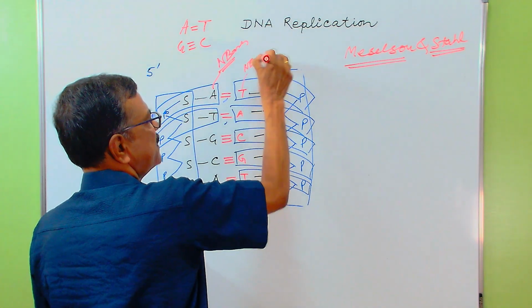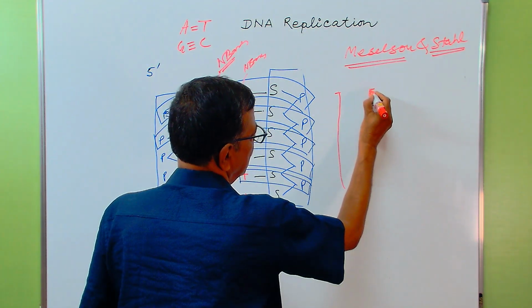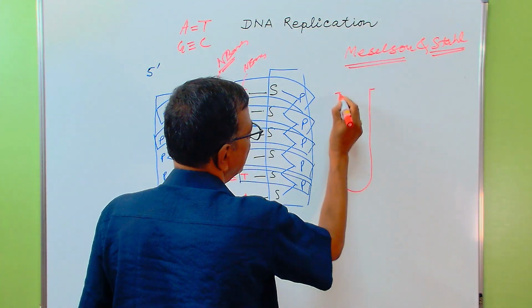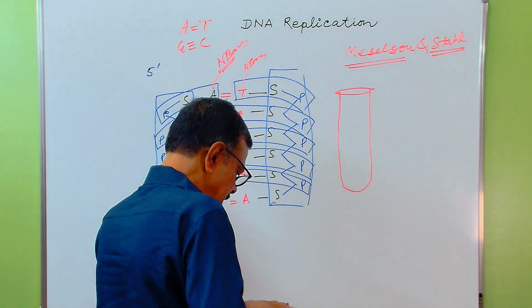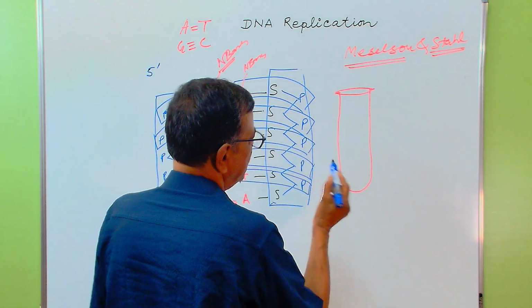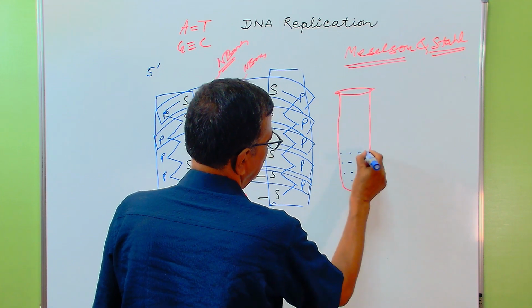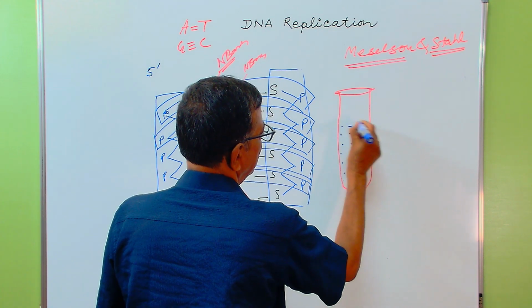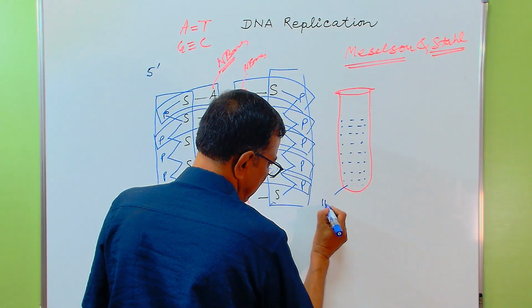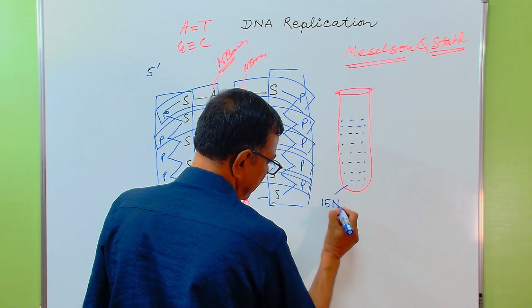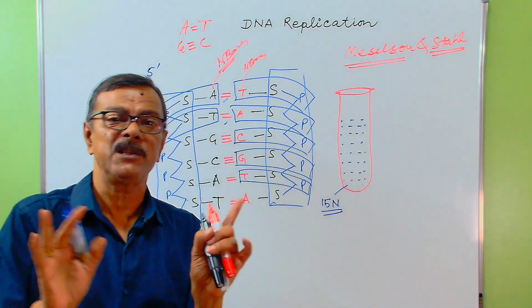What they did, in some bacteria, the experiment: they put nitrogen salts, a solution containing nitrogen. This contains 15N. It contains the nitrogen isotope 15N.